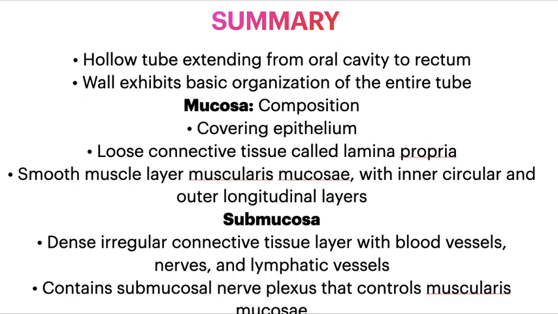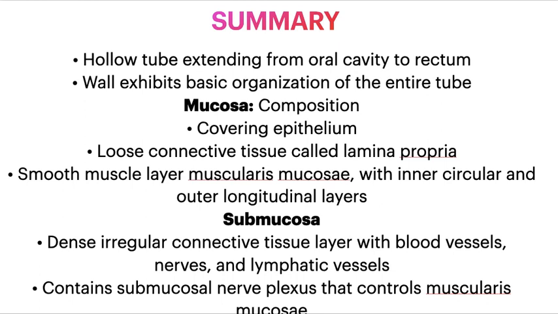So let's quickly summarize today's lecture. Basically, the GIT is a hollow tube extending from the oral cavity to the rectum. The wall of the entire GIT exhibits a basic organization, containing the mucosa as the innermost layer.